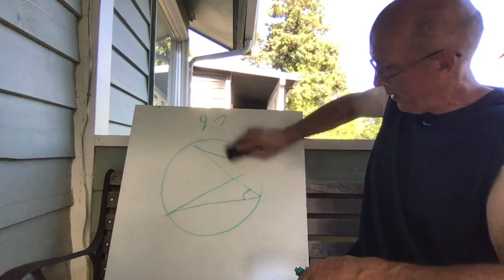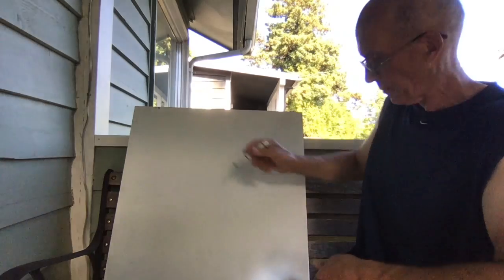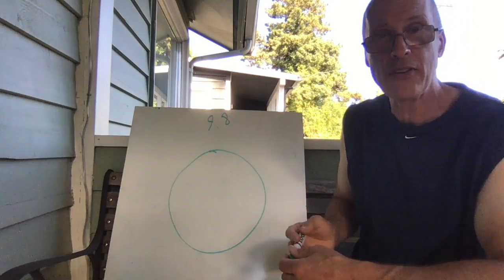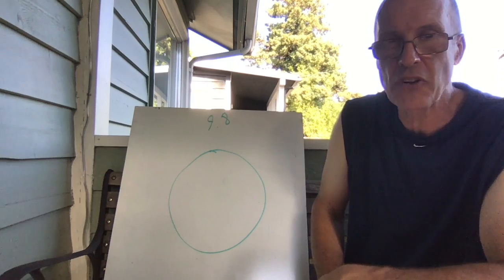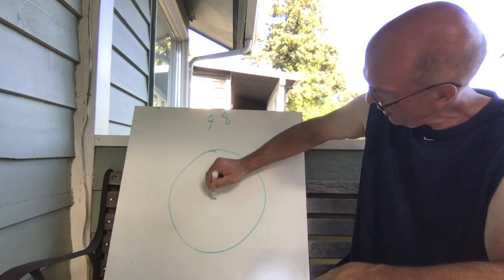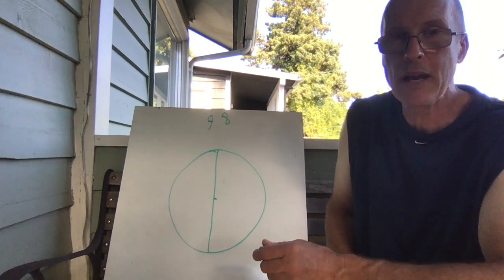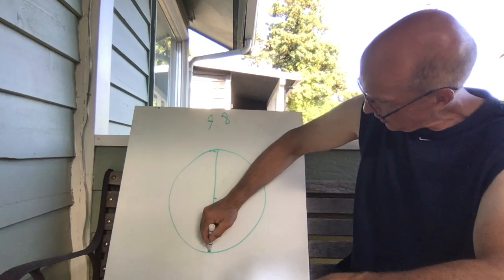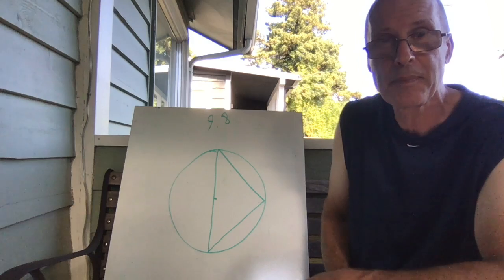All right, moving on. This is theorem 9.8. When you start having polygons inscribed in a circle, there start to be some special cases. So let's say that you had the diameter of a circle, and you had a triangle that, when it was inscribed there, had a side perfectly matching up with that diameter.